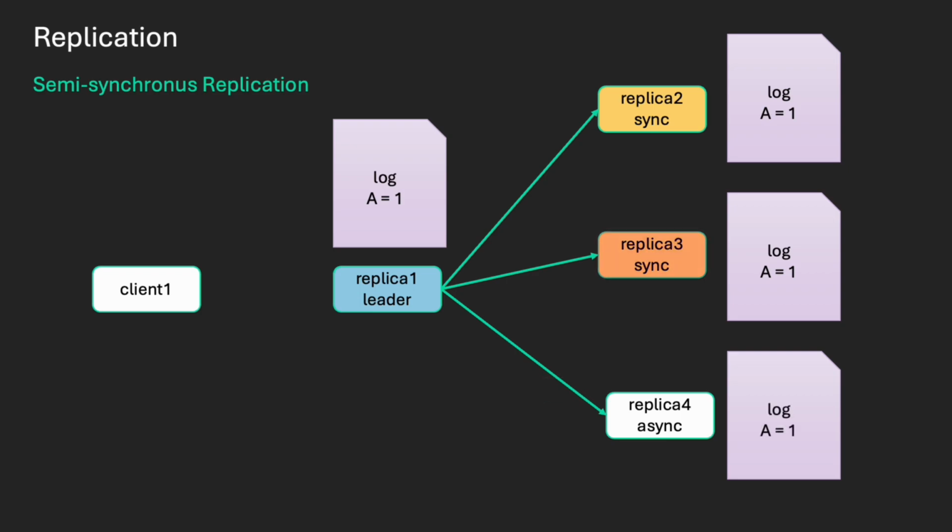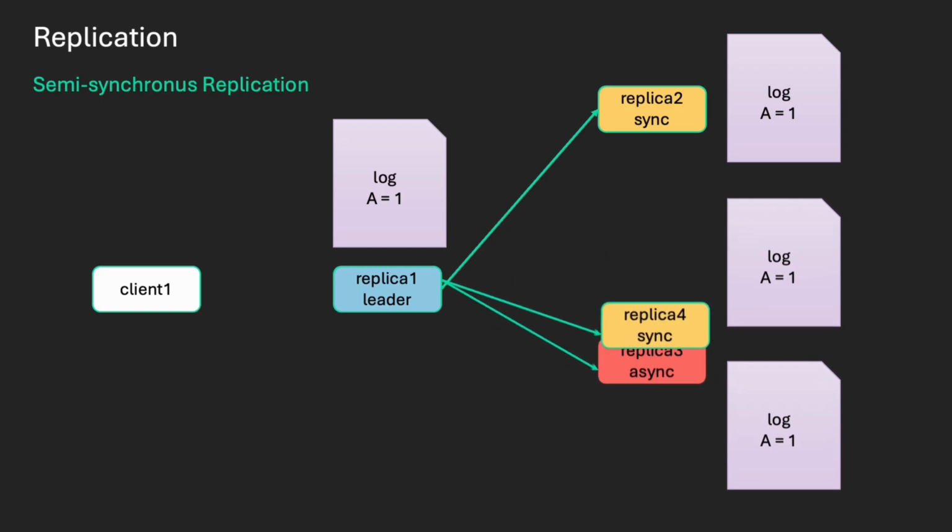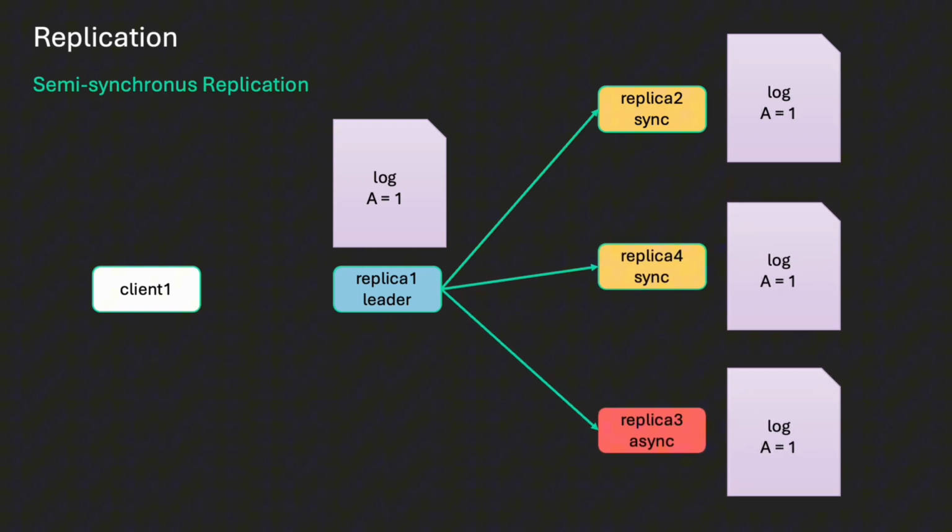If some synchronous follower goes down, an asynchronous replica can be promoted provided it is able to catch up. If the leader fails, a synchronous follower is promoted to become the new leader. This replication pattern offers high availability while maintaining low response time.